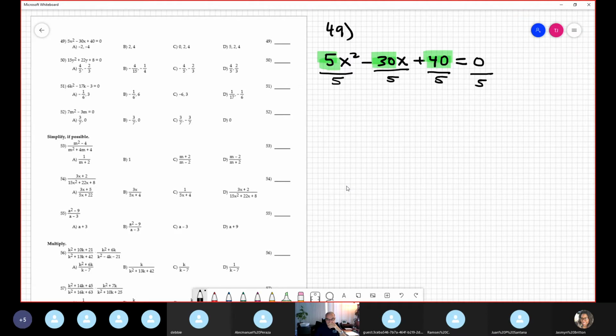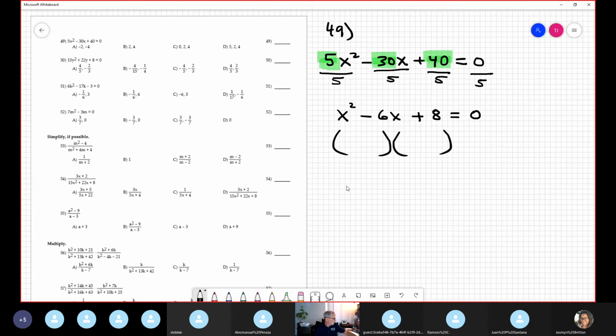So now it is x squared, because 5 divided by 5 is 1, minus 6x plus 8. Wow, fantastic. This equation is super easy because now we magically convert this horrible trinomial into a regular trinomial. The factorization is pretty easy.